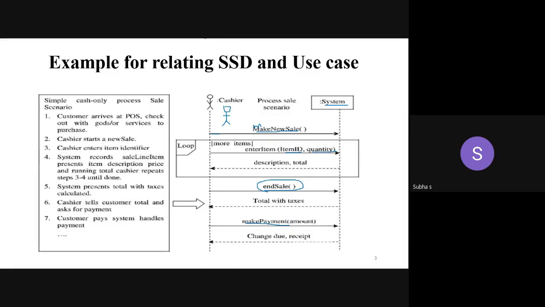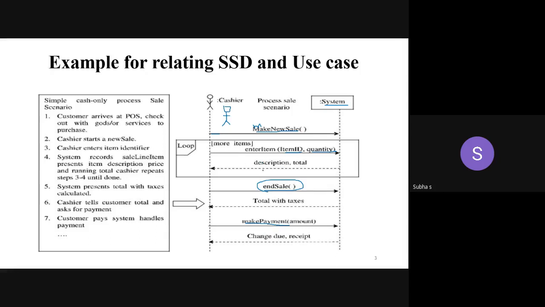You can have a look at it and you will get more idea. So it will give the description and total. This is the reply message from the system, so it is shown with dotted lines, a dotted line with an arrow mark. So this is for one item: enterItem, item ID, comma quantity. Then it will give the description and total.